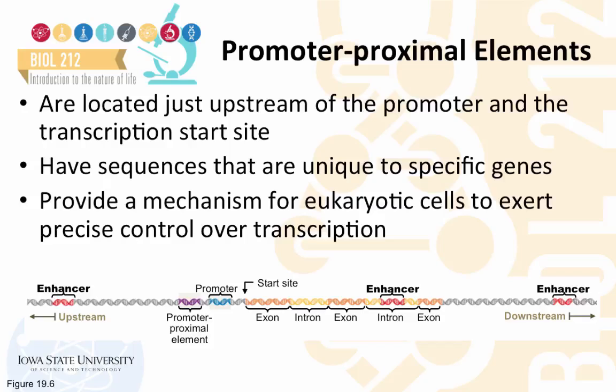They have sequences that are unique to specific genes, and they provide a mechanism for eukaryotic cells to exert precise control over transcription. As we can see in this image, transcription starts at the +1 site, also known as the start site, in this direction. The promoter is usually upstream of the start site.